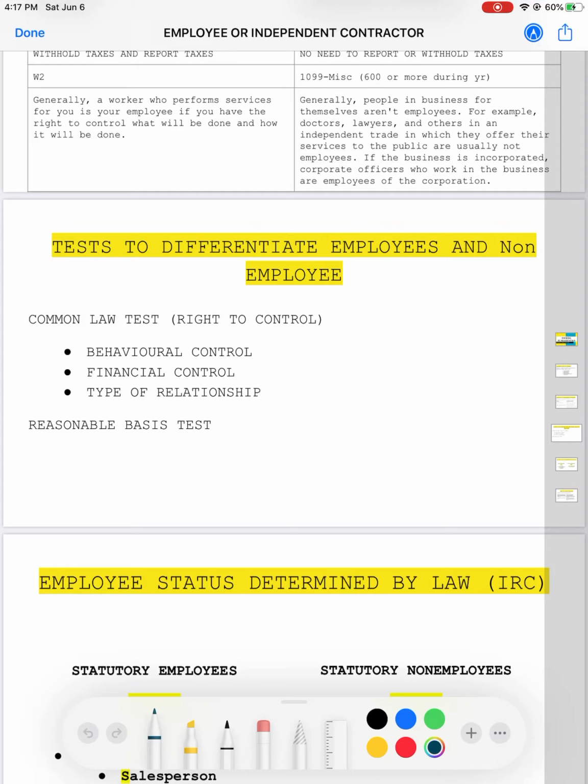Sometimes employers tend to misclassify the worker as an independent contractor just to save some money on the cost of paying withholding and reporting taxes. So the IRS uses these tests to see if the worker is actually an employee or an independent contractor.